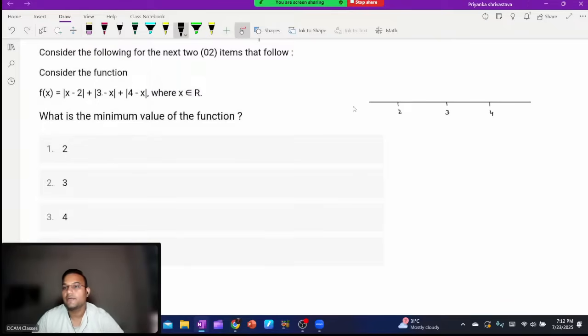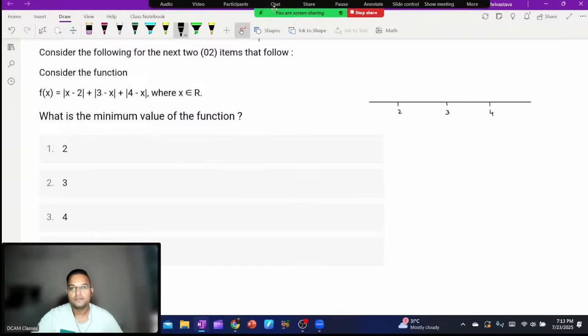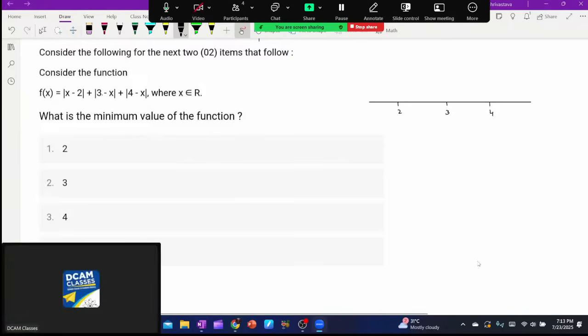So there will be intervals like minus infinity to 2, 2 to 3, 3 to 4, 4 to infinity. For that, you will have to define the function, and then draw the graph. And then after drawing the graph, judge at what point it goes to minimum. Let's see whether you can do it or not. Take your time.